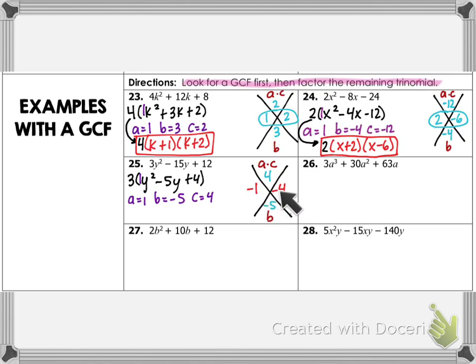Negative 1 minus 4 is a negative 5, and when we multiply them together, we get a positive 4. So now we say y minus 1 and y minus 4. We took a GCF out in the beginning here, so we have to bring that down, and that's your answer. Okay, and that's it. So try 26 and 27.